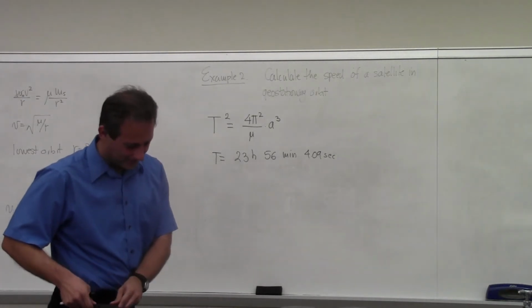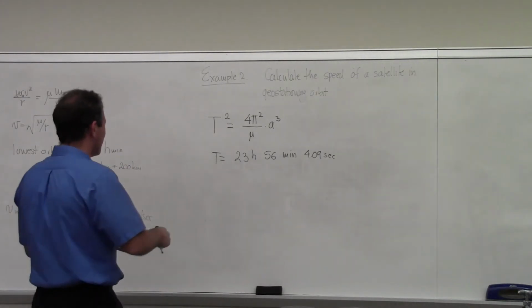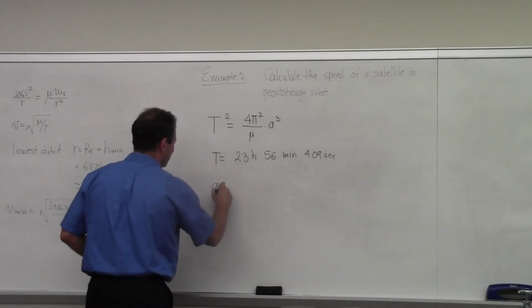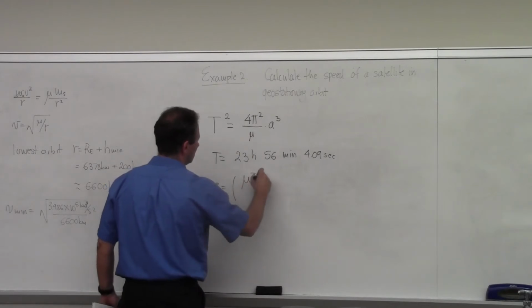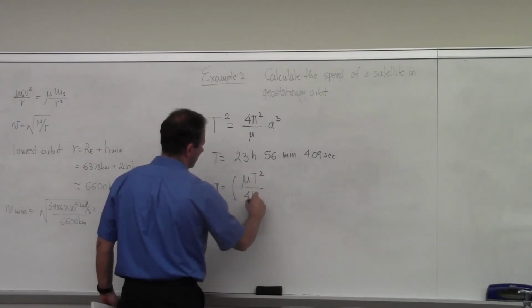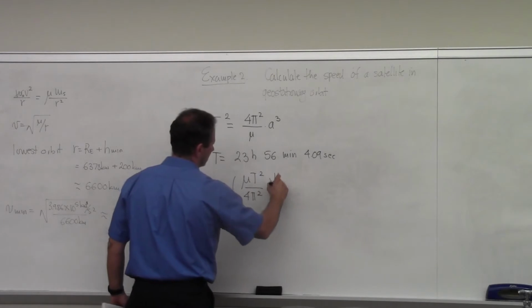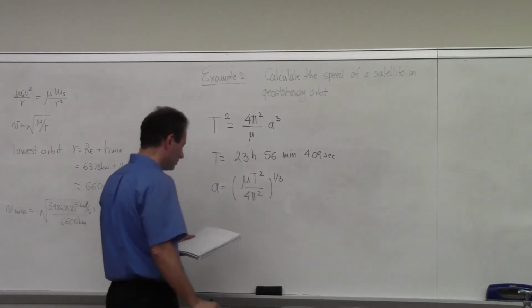Calculator as well. Right. So here, a is going to be mu T squared over 4 pi squared, taken cube root.